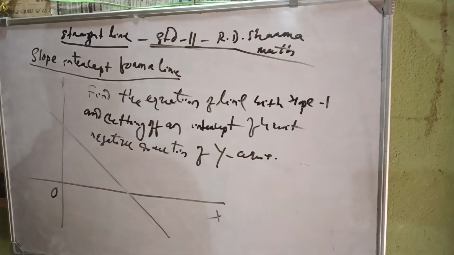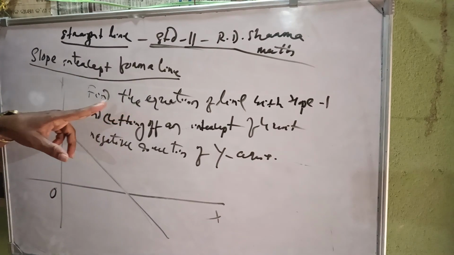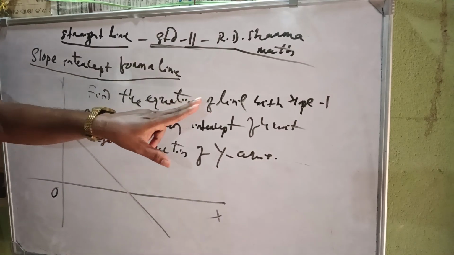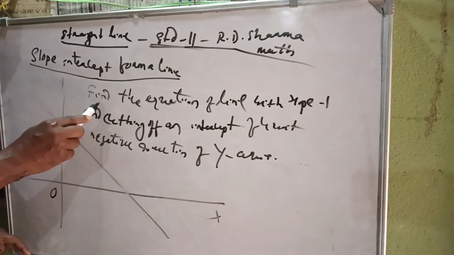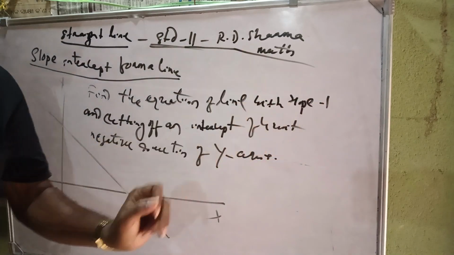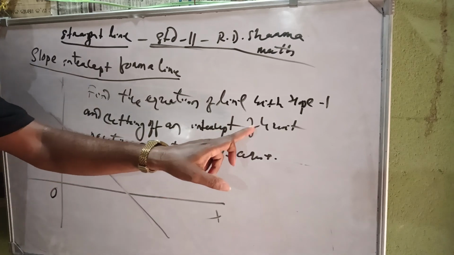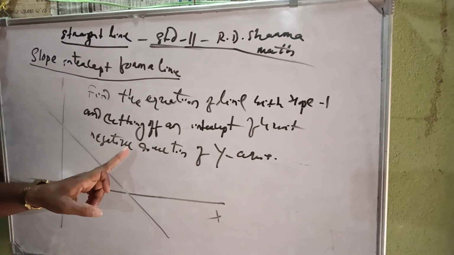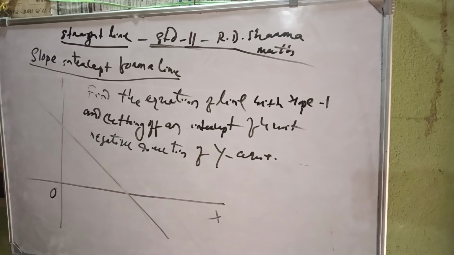See, what is the question given? First, understand the question. Find the equation of a line with slope -1 and cutting an intercept of 4 units in the negative direction of the y axis. Actually, one point will be understood.